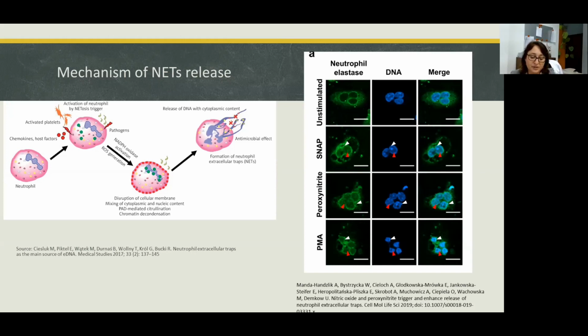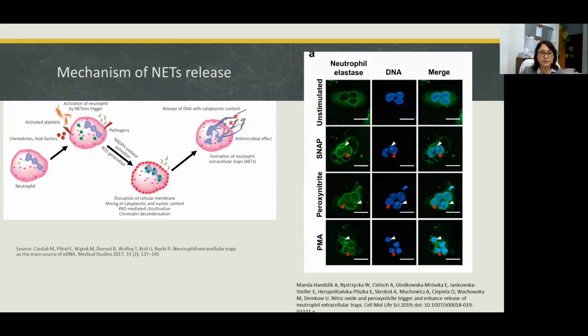The conversion of certain arginine residues to citrulline in core histones by PAD4 eliminates the positive charge from the residue and may thereby weaken the binding of histones to DNA. So eventually, the chromatin fills up the entire cell until the cell lyses and extrudes nets into the extracellular space. So first, we can see the decondensation of chromatin, migration of neutrophil elastase into the nucleus, then the release of nets outside the cell.